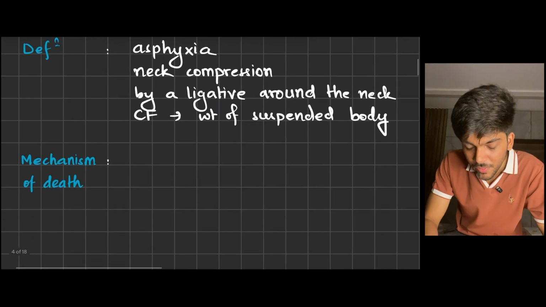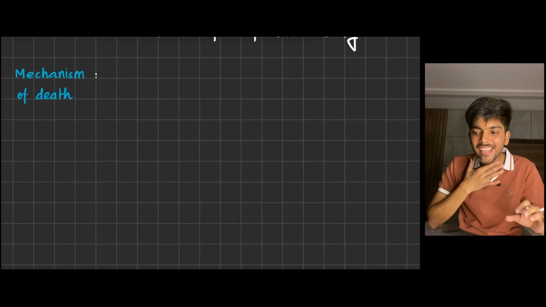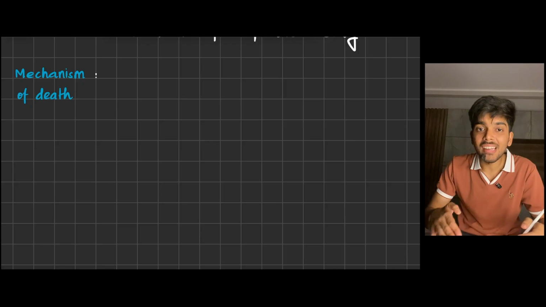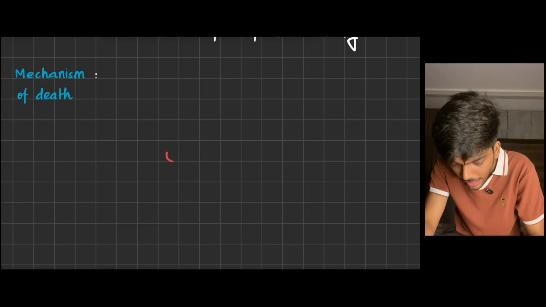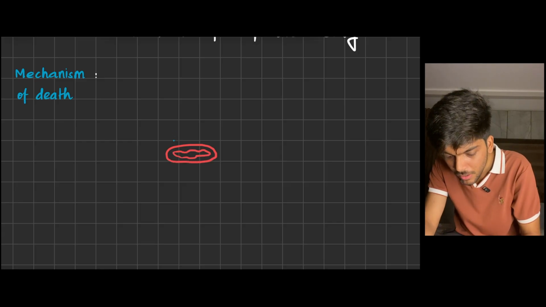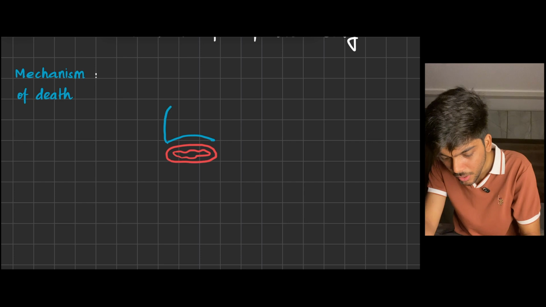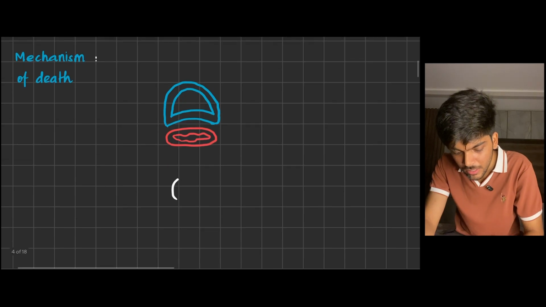What is the mechanism of death? Since in hanging the neck is getting compressed, let me draw the transverse section of the neck. When I draw the transverse section of the neck, I get the esophagus. Right in front of the esophagus is your trachea, and behind the esophagus is the cervical vertebra.